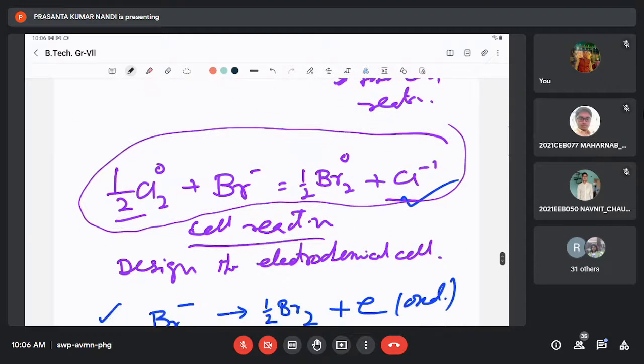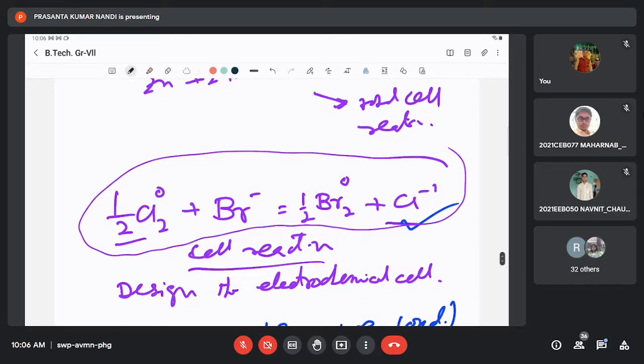Now the reverse thing. Suppose this reaction is given. You have to design the electrochemical cell. That is another kind of problem that you can expect. And how will you proceed? Given this cell reaction, you have to design an electrochemical cell.